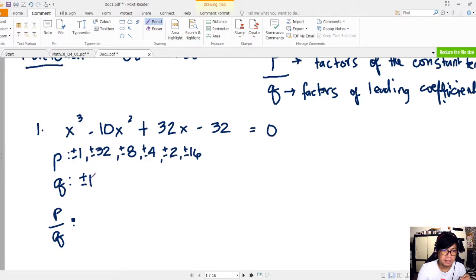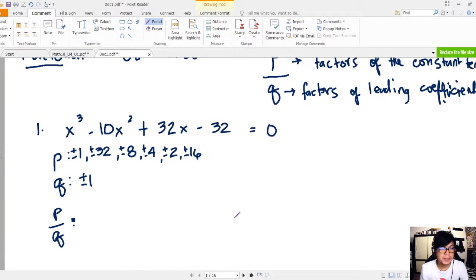Negative 1 divided by 1 is negative 1. 32 divided by 1 is 32. 32 divided by negative 1 is negative 32. Ibig sabihin, since yung ating denominator is only positive, negative 1, so ang ating P over Q is ito pa rin. Itong lahat ng factors ng P.